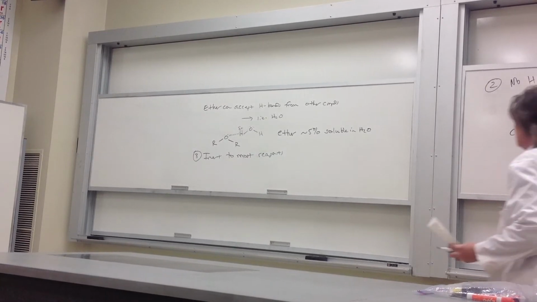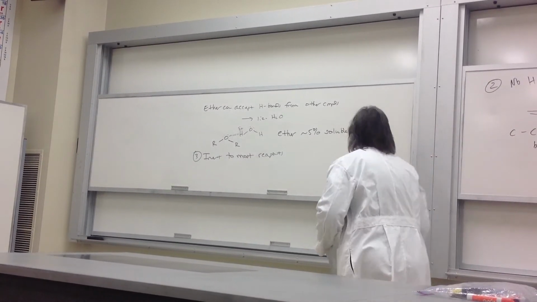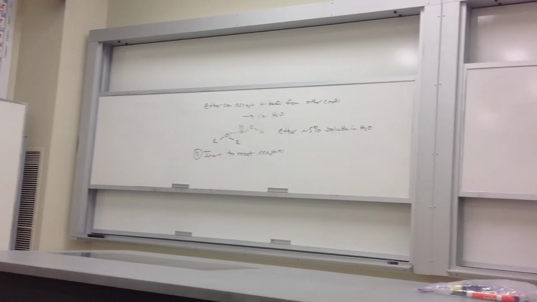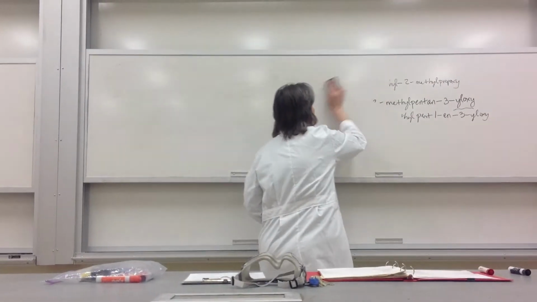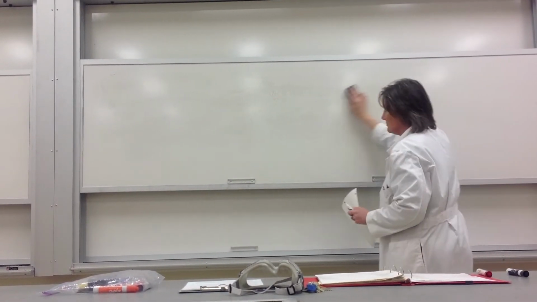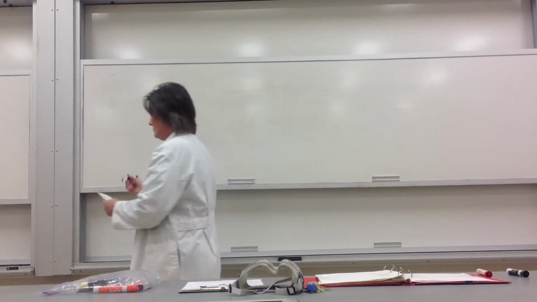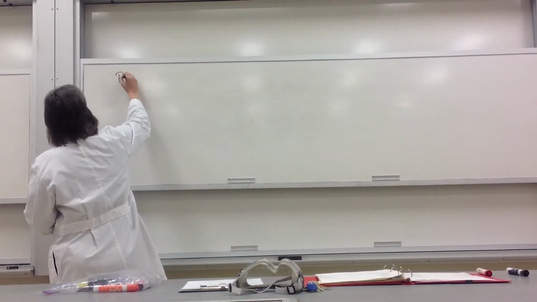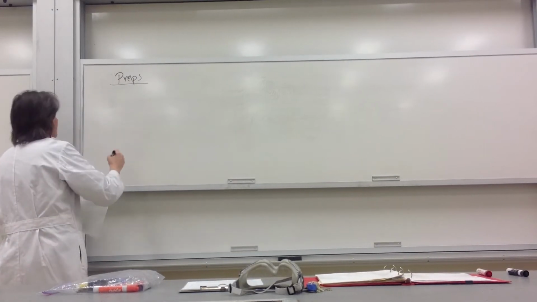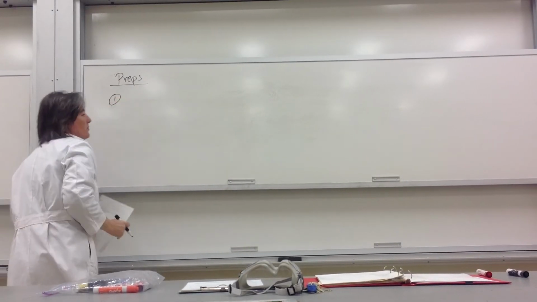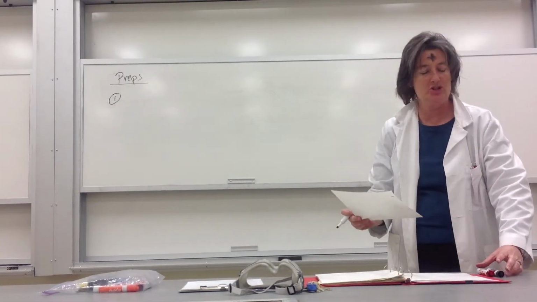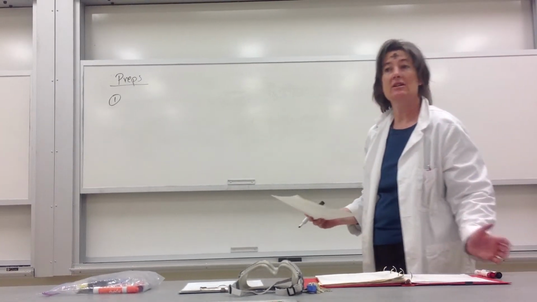All right. Let's go ahead and talk about synthesis. There are a couple of ways to prepare ethers. This first one is the most generic, and it's what's used in industry.